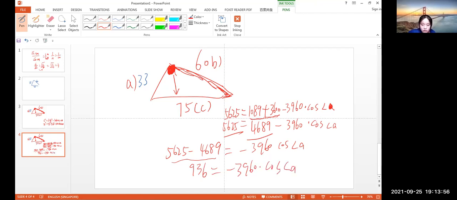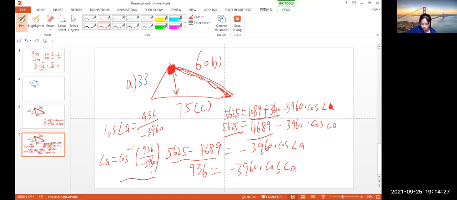Okay, final. This is times, so cosine angle A is equal to 936 divided by 3960. Then of course you need to find angle A, which is this part. So you need to key this into your calculator: cosine inverse, bracket, 936 over 3960. Can you help me out?